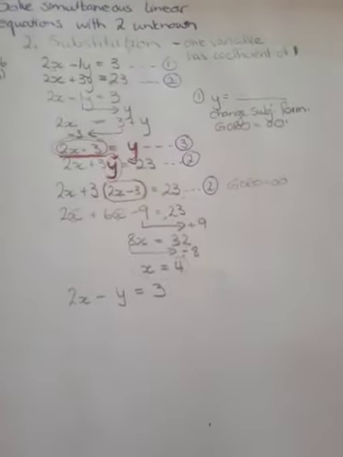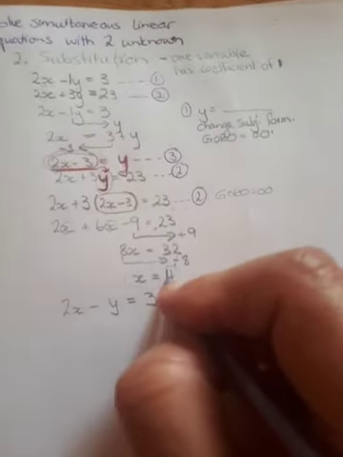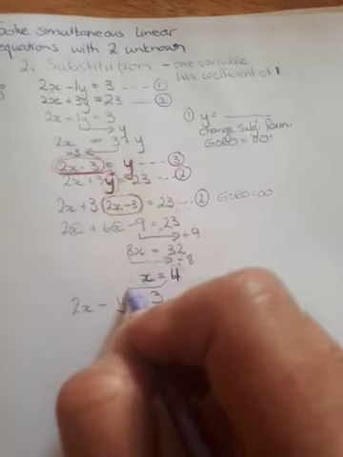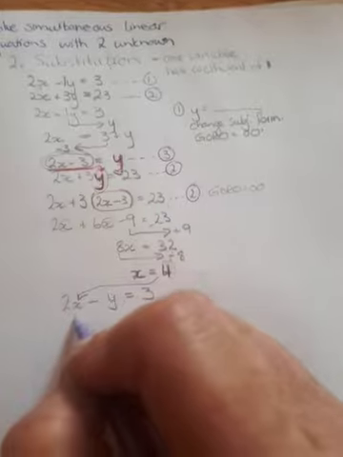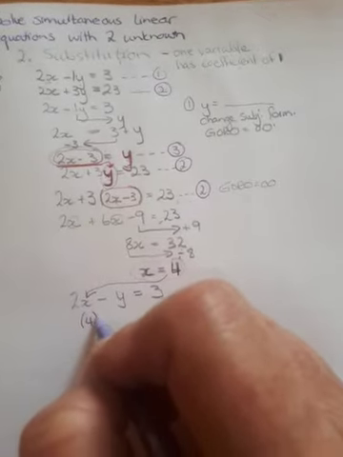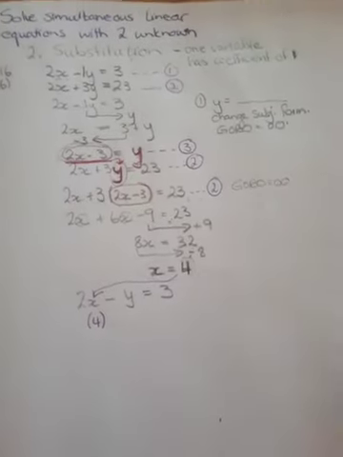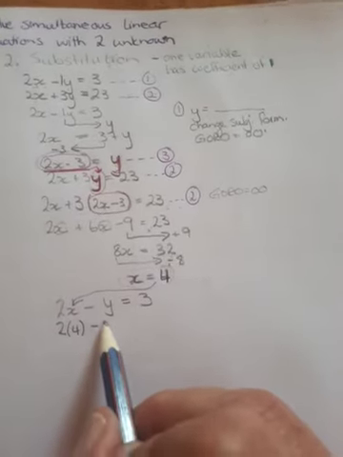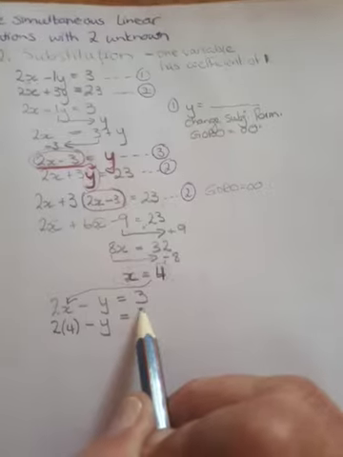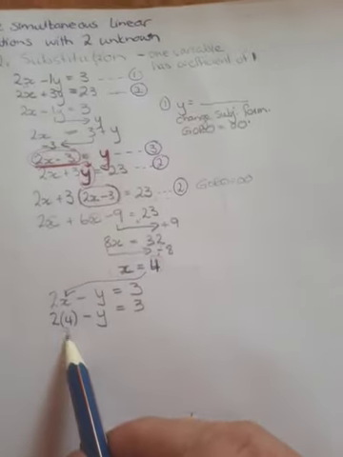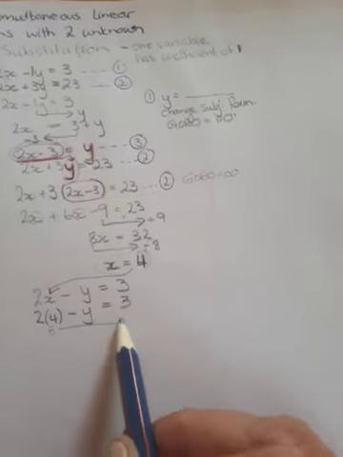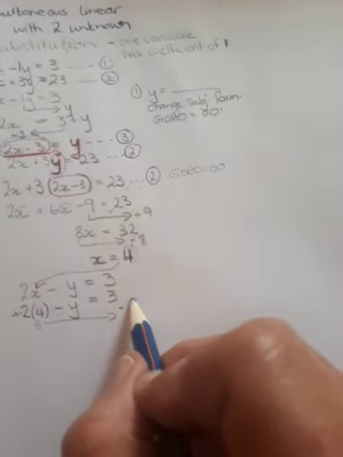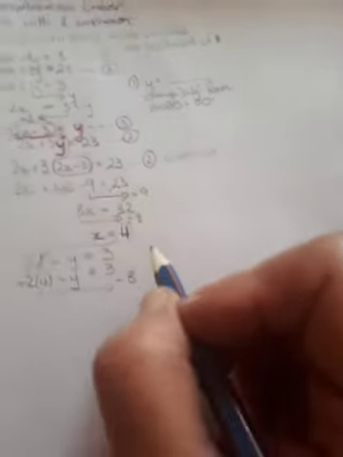And in the next step, I will now substitute the x being 4 into this place. So instead of x, I will write 4. That is the number that I have calculated. Then it is 2 times 4 minus y equals 3. So that's 8. I will then take over the 8. It's positive on the side, so it must become negative on that side.